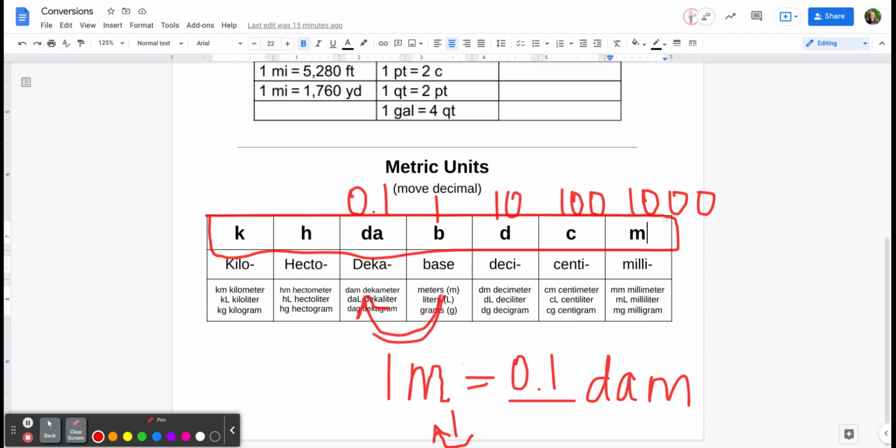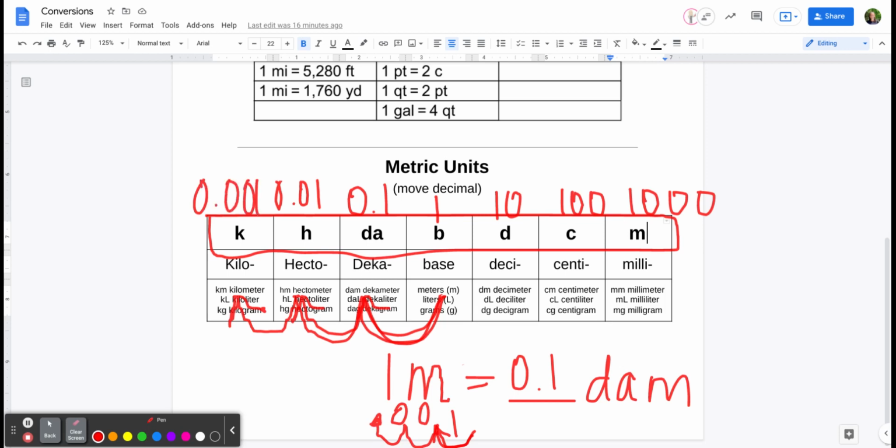We would move that decimal once, twice to the left, 0.01. If we were going to kilometers, 1, 2, 3 times, so I'd move that decimal point once, 2, 3 times, fill in with zeros, 0.001.